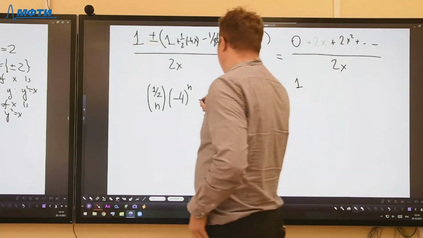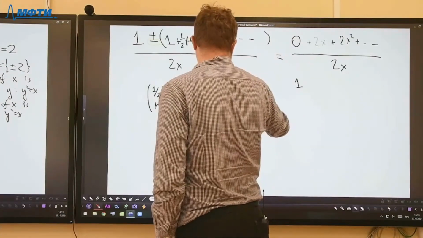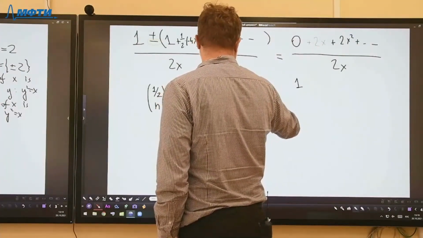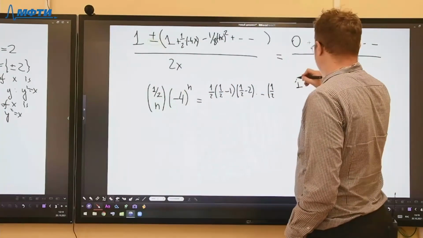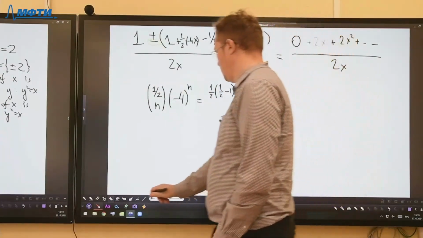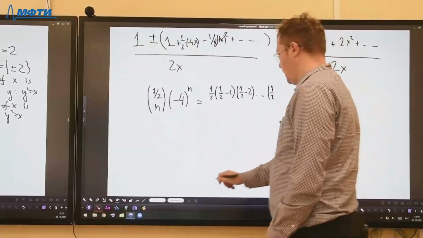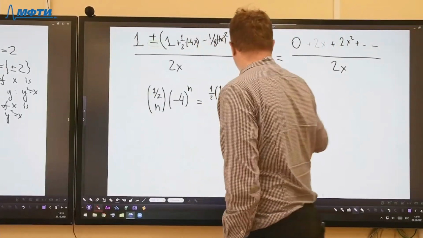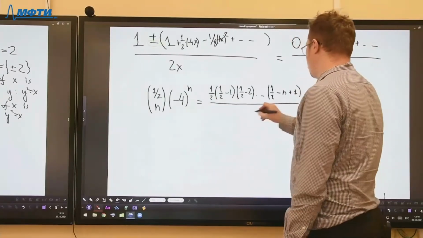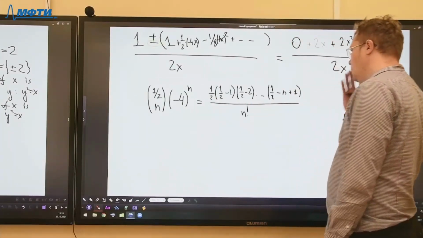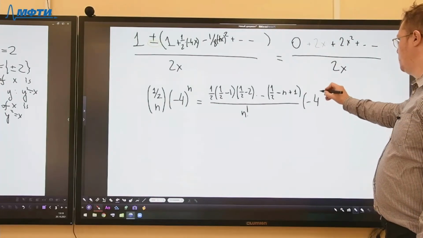We just use the definition. We have here 1 over 2, 1 over 2 minus 1, 1 over 2 minus 2, etc., up to 1 over 2 minus n plus 1, over n factorial, times minus 4 to the power n.